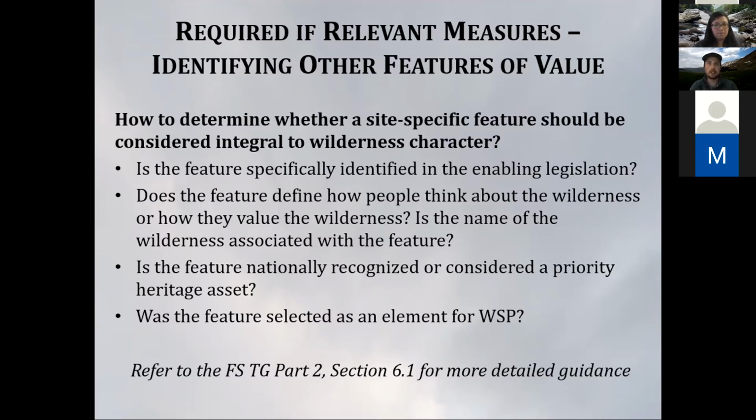The next question: is the feature nationally recognized or considered a priority heritage asset? And then finally, was the feature selected as an element for WSP? And then look in the tech guide, there's a lot more information on this.